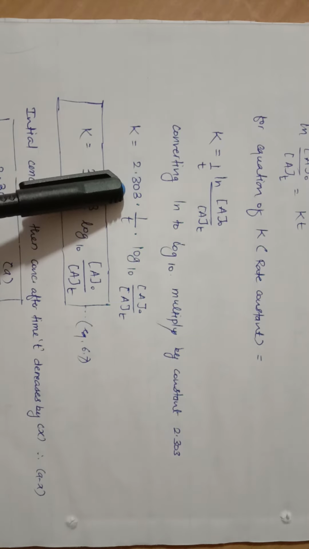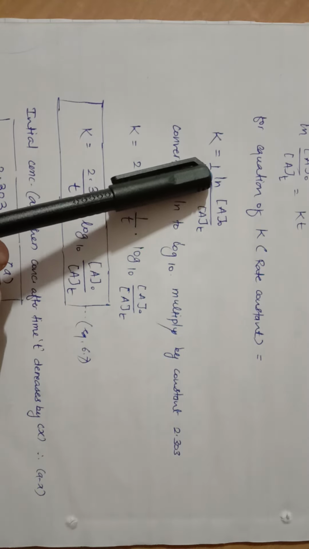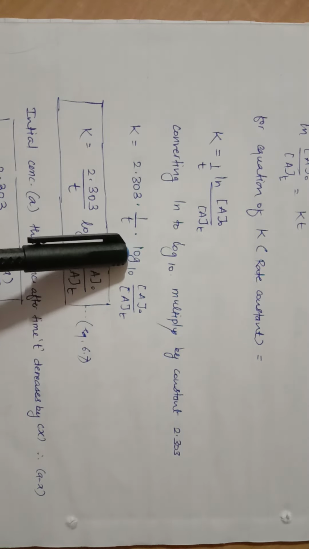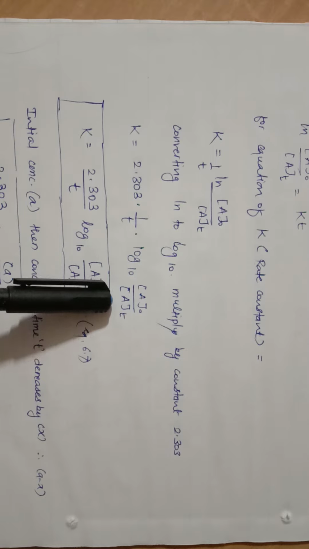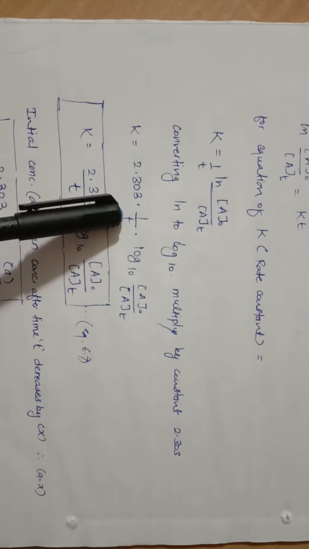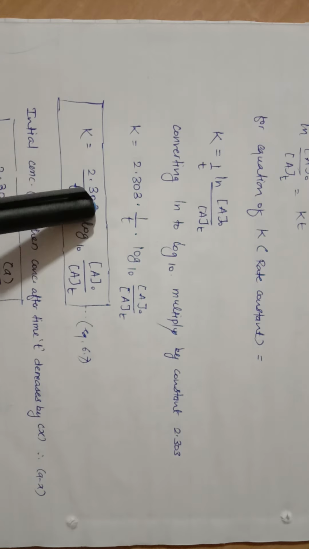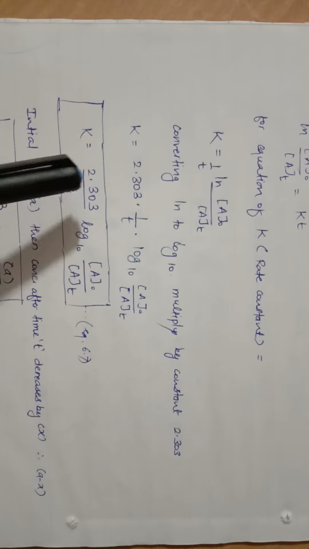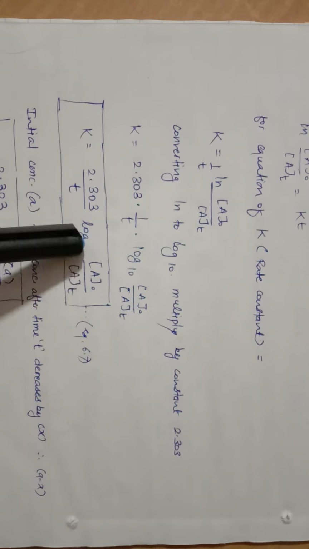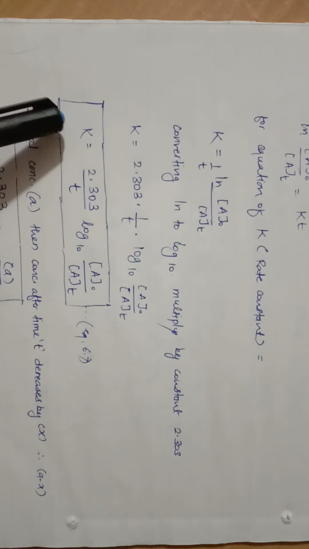So 2.303 into 1 by t into log to the base 10 of A_0 upon A_t. Now while doing multiplication, 2.303 into 1 by t, we get 2.303 upon t. So 2.303 upon t times log to the base 10 of A_0 upon A_t is the expression for rate constant k for first order reaction.